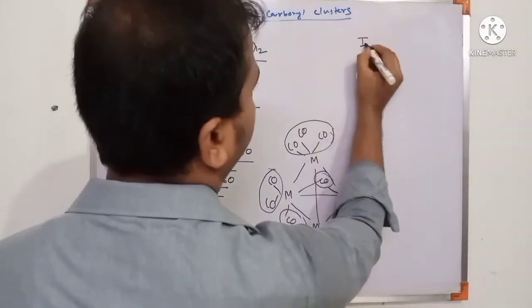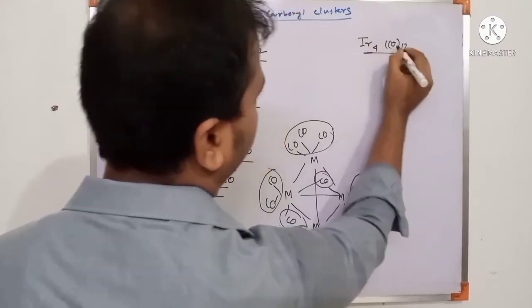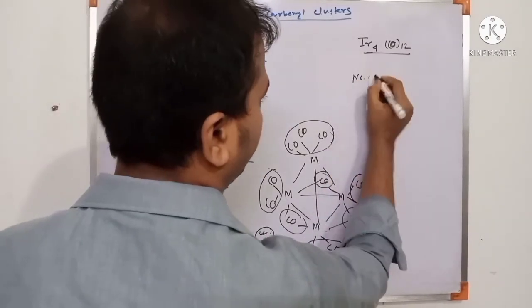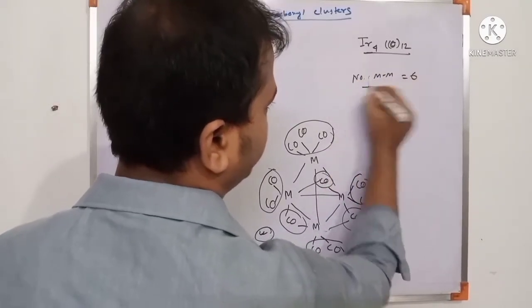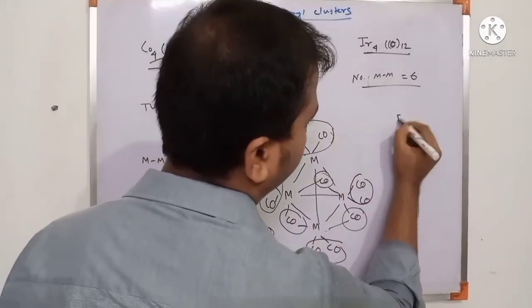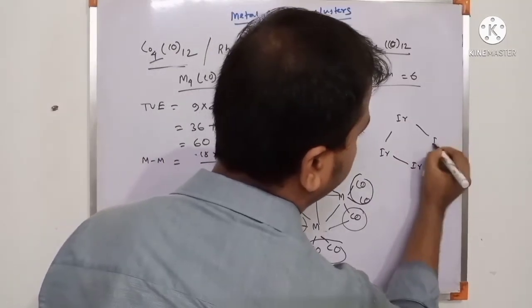But in case of Ir4(CO)12, the number of metal bonds is the same, 6, but there is no bridging bond because iridium size is bigger.